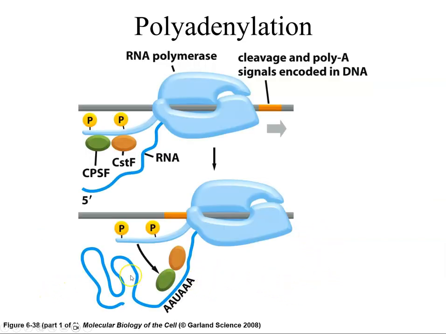After the capping and the splicing is happening, as this chain is growing, the final event is the polyadenylation. So we have a cleavage stimulation factor and a cleavage polyadenylation specificity factor. And those are going to be recognizing an A2UA3 sequence on the back end. They're going to bind, they're going to cut that off and polyadenylate it.